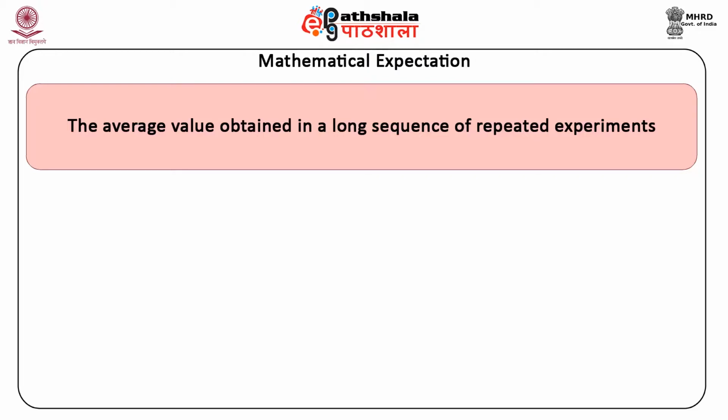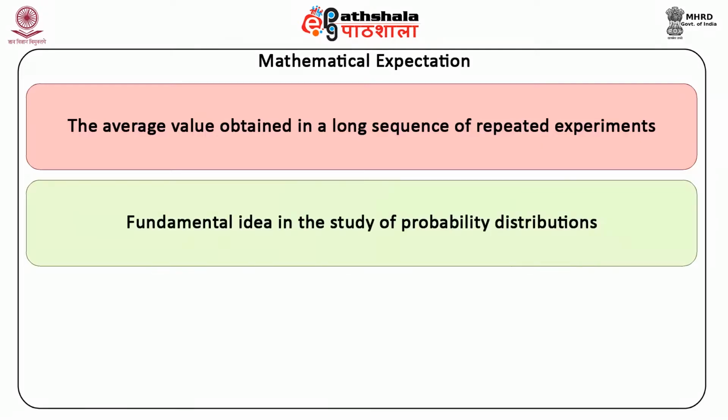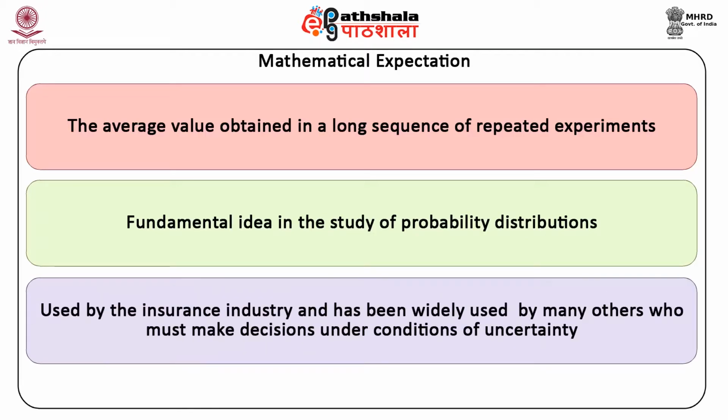The mathematical expectation or expected value is a fundamental idea in the study of probability distributions. For many years, the concept has been put to considerable practical use by the insurance industry.